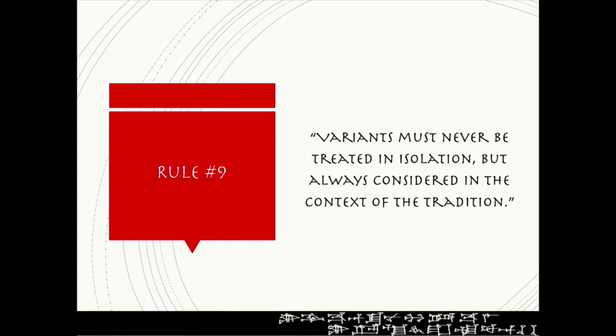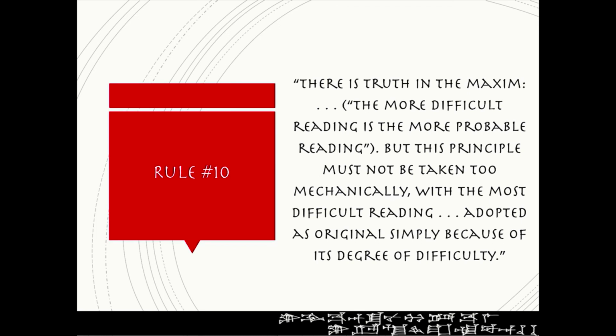Rule 9: Variants must never be treated in isolation, but always considered in the context of the tradition. So you don't want to go to a particular variant and say, this one makes more sense, and ignore all of the nuances that have come with that particular tradition. You have to consider it in context.